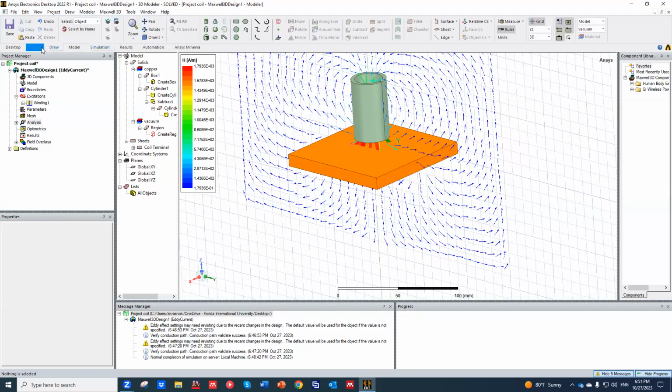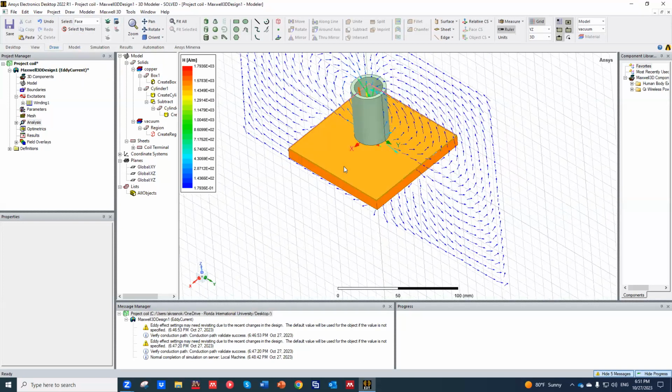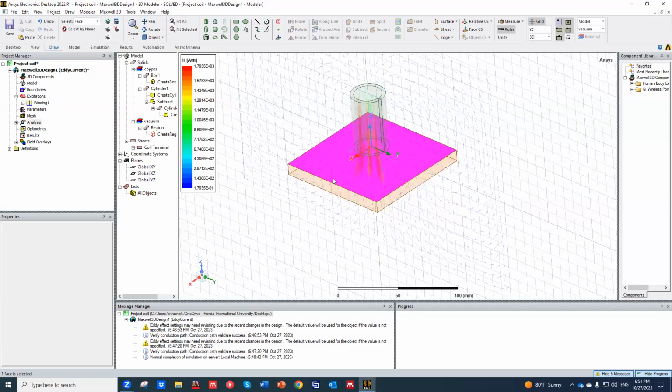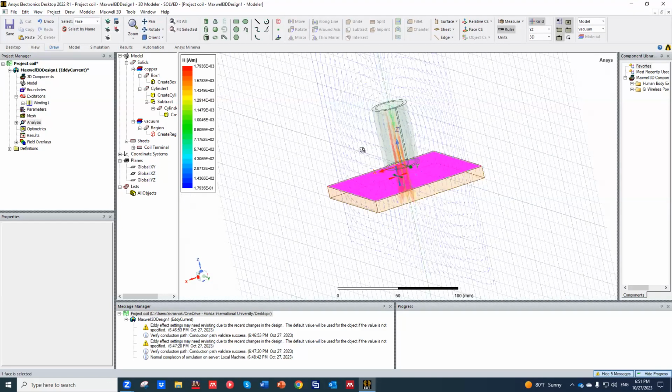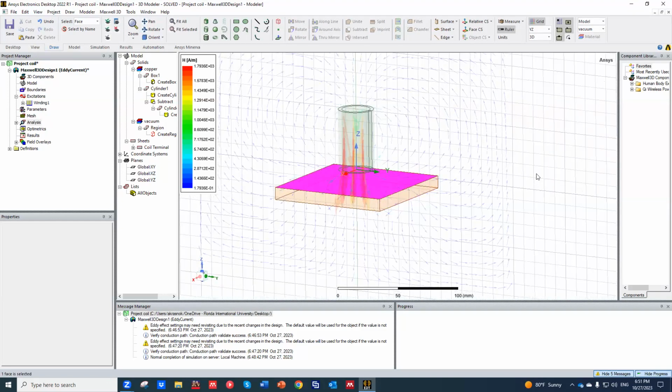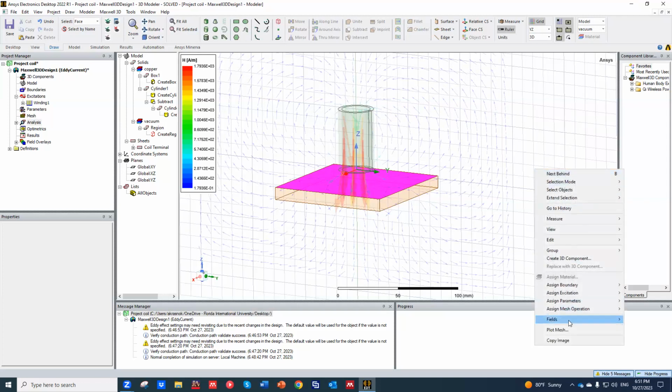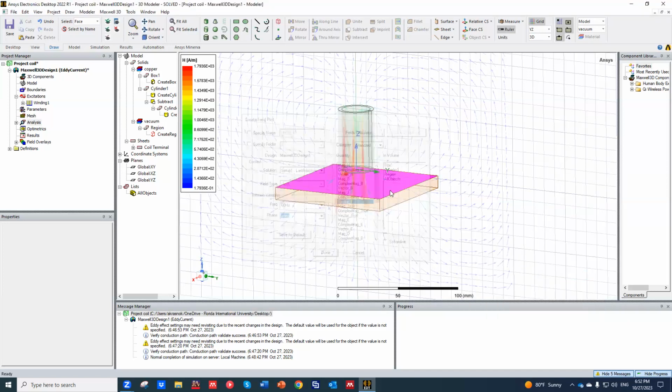All right, so now I need to see the eddy currents at the surface of this metallic slab. To do so, I navigate to draw and select the face and click this face, the upper face of the metallic slab. Okay, and now in this null mode, I right click on the window and navigate to the fields and to the current and vector representation. Done.